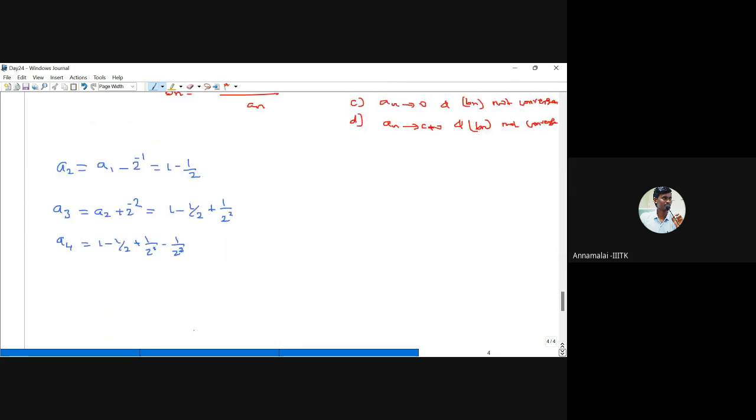In general, a_n is 1 minus 1 by 2 plus 1 by 2 square minus 1 by 2 power 3 and so on, up to (minus 1) power n minus 1 by 2 power n minus 1.